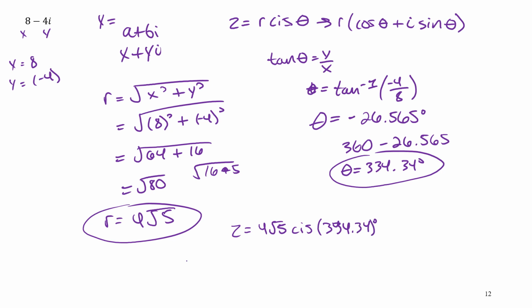Or you can write it out the long way, z equals 4 square root 5, parentheses, cosine of the angle plus i sine of the angle. And either way would be correct, in my opinion.